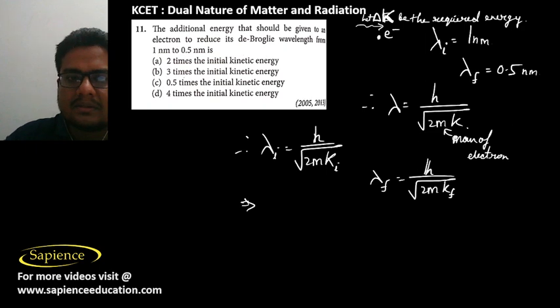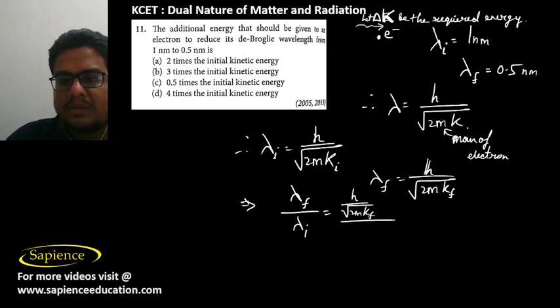So if you take the ratio, lambda f by lambda i will be equal to h by root over 2m Kf divided by h by root over 2m Ki. So this will be equal to root over Ki by Kf.